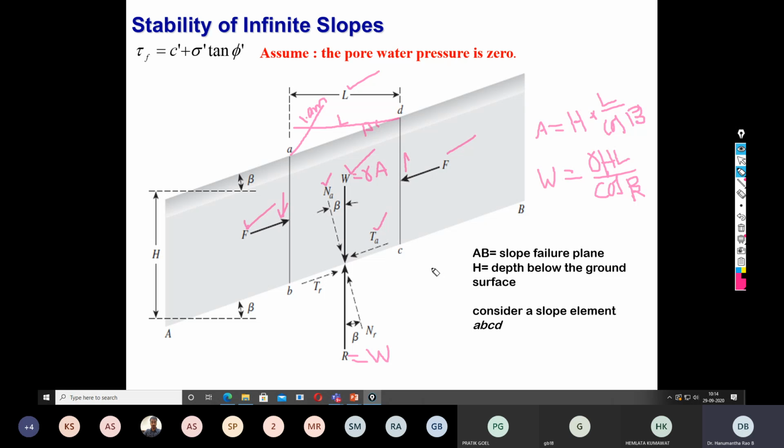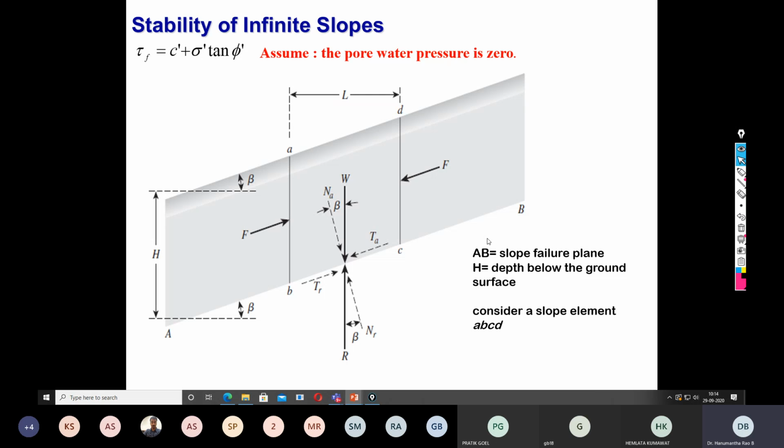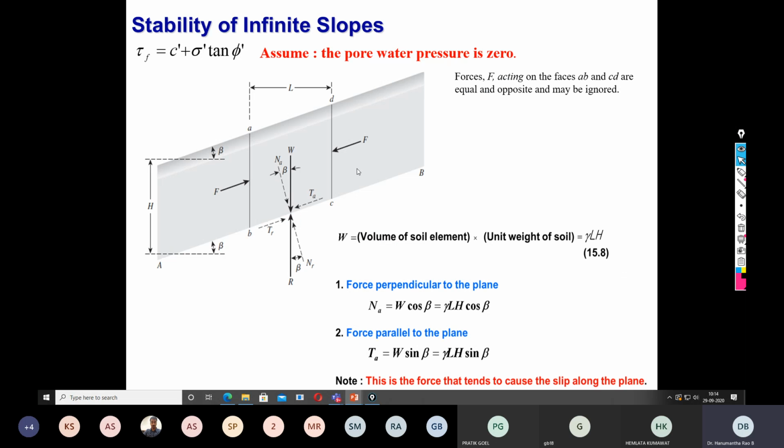So based on this explanation, let me show all the simplifications so that you will not get any confusion. This is the free body diagram. Weight of this component is volume of the soil multiplied by unit weight, that is gamma L H. NA is gamma L H cos beta, and TA, the force parallel to the plane, is gamma L H sin beta.